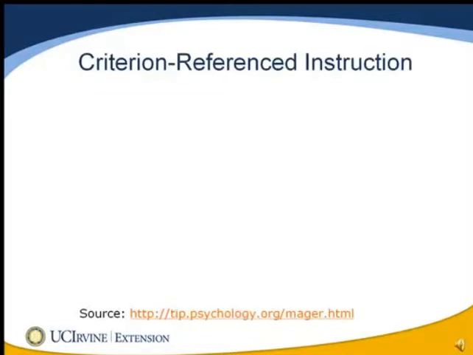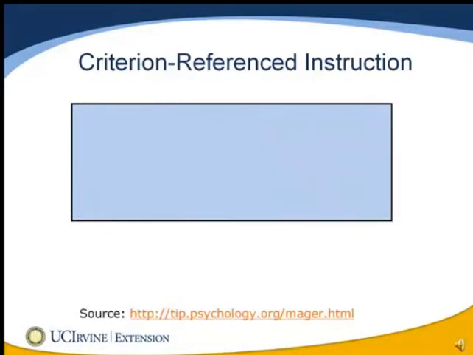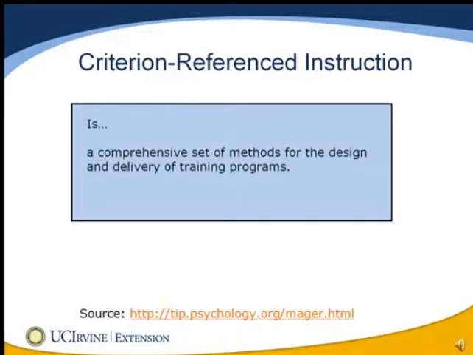Criterion referenced instruction has strong connections to behaviorism. Not really a theory itself, it's more a design methodology for developing training programs.